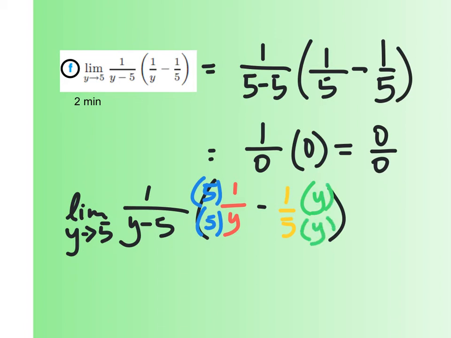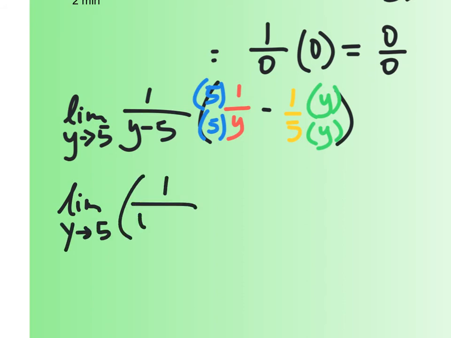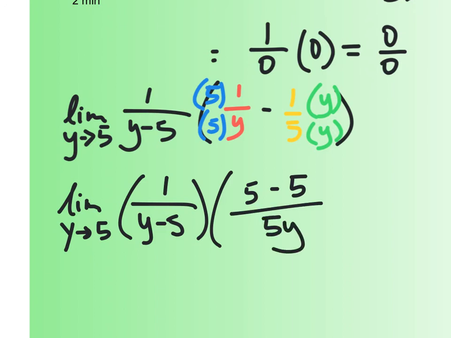How about that? So what does that do for us? Well, limit as y goes to 5 of 1 over y minus 5 times, we get 5 minus y over 5y. Oops, I don't know why I put a 5 there again. It'd be 5 minus y over 5y.